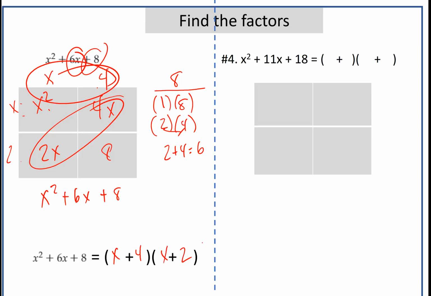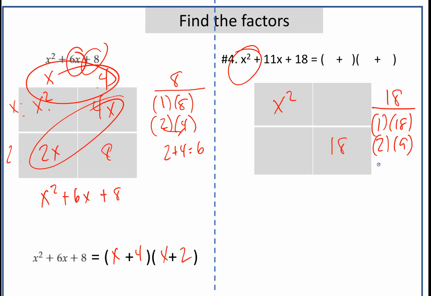All right, it's the last one I'm going to do. You're going to finish up for me. Same thing every time, x squared, 18. What are my factors of 18? 1 times 18. 2 times 9. 3 times 6. But I see here, 2 plus 9 equals 11.